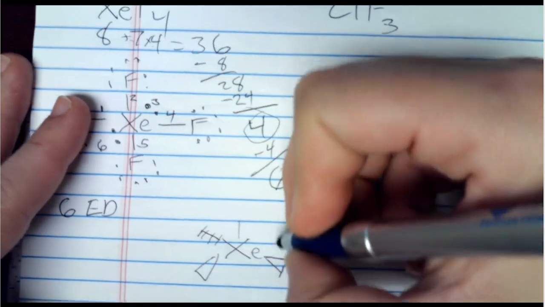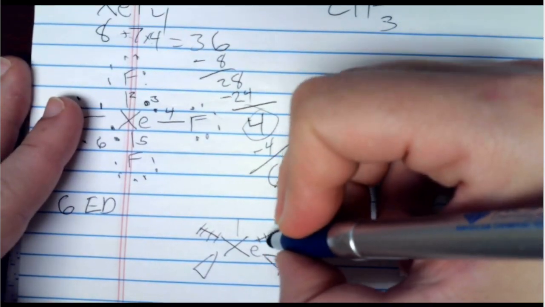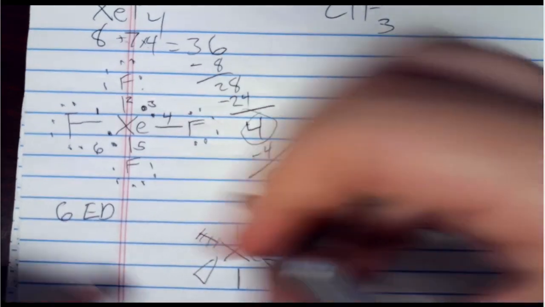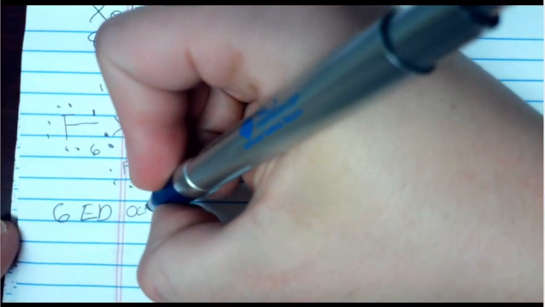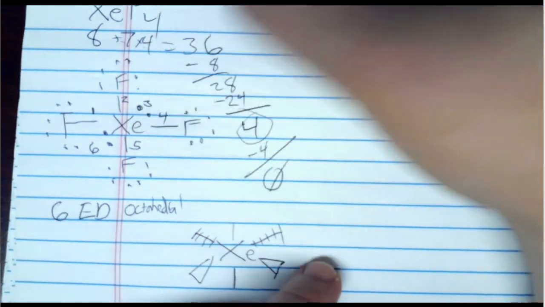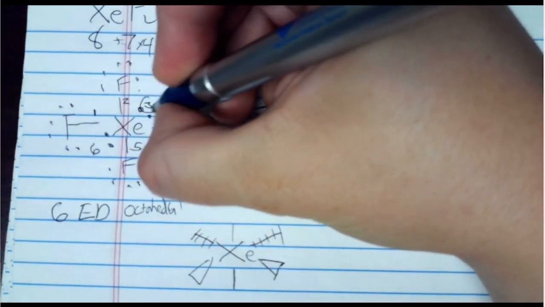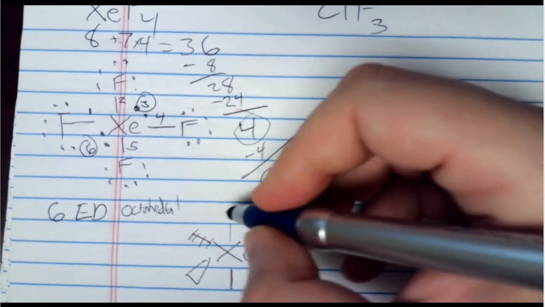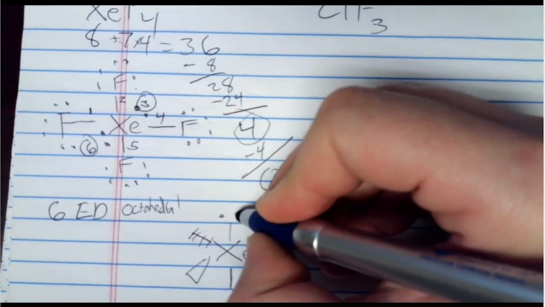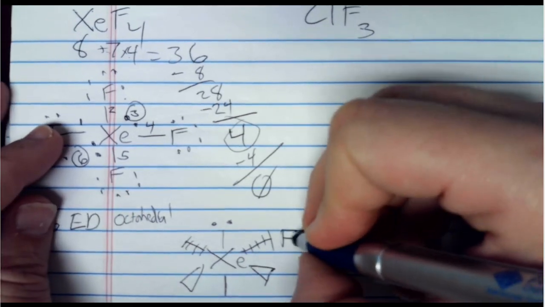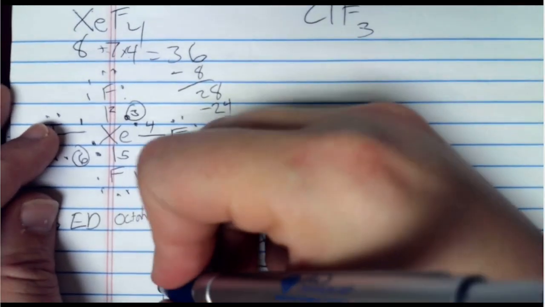So I'm going to draw the basic structure of that. I'm not going to fill it in just yet. That's octahedral. However, how many lone pairs? 1, 2. So I'm going to fill in 2 of them as lone pairs. The rest being fluorines.